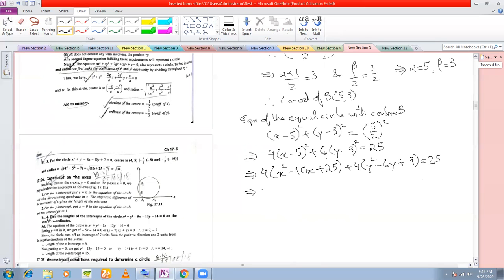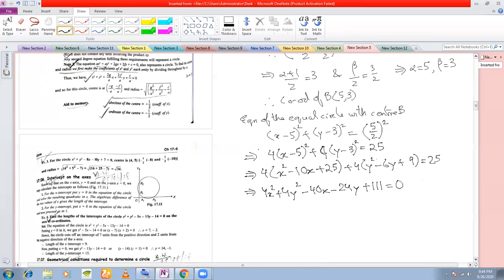Now if you simplify this, you get 4x square plus 4y square minus 40x minus 24y. This is 25 into 4 is 100, and 4 into 9 is 36, so 136.